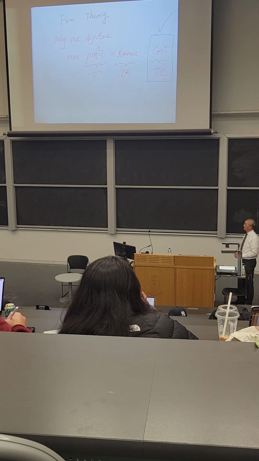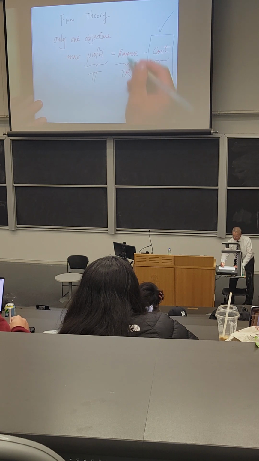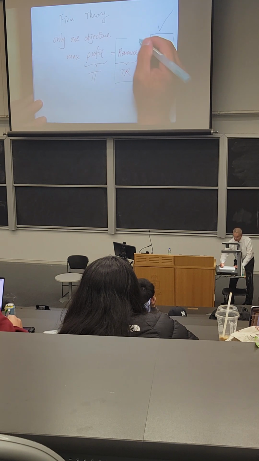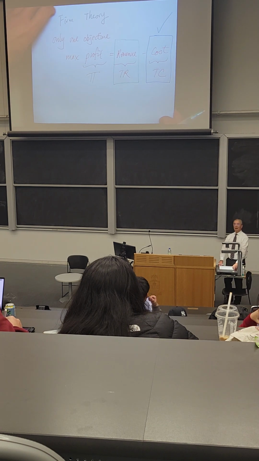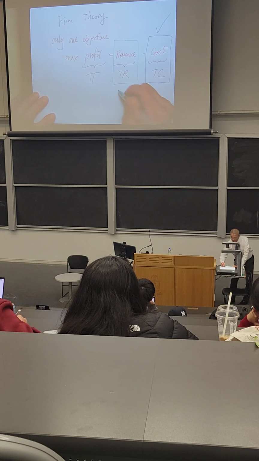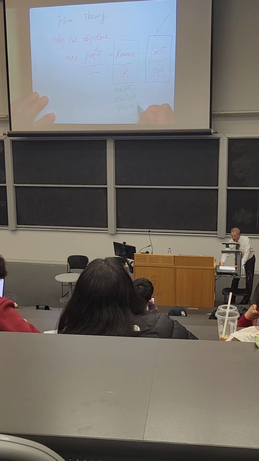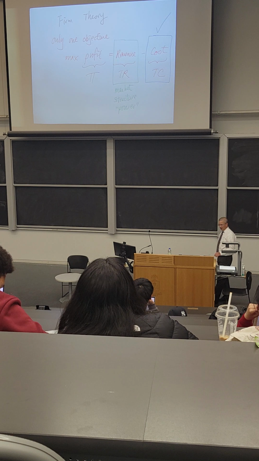12, 13, 14, and 15, we will be focusing on revenue. Because how much revenue the firm can get when the firm sells its output depends on market structure, i.e., how much market power will the firm have.